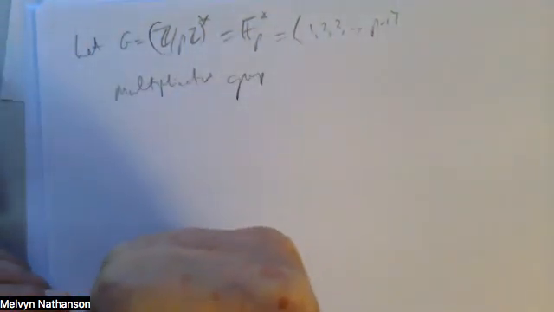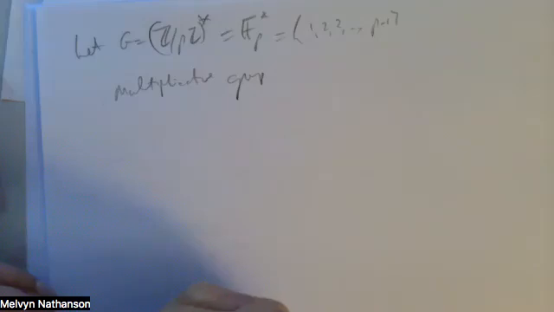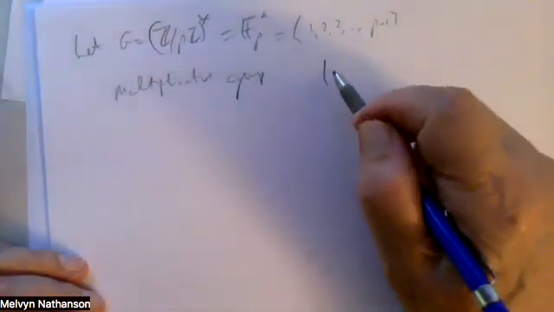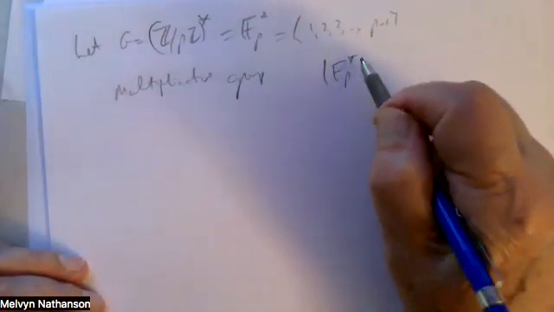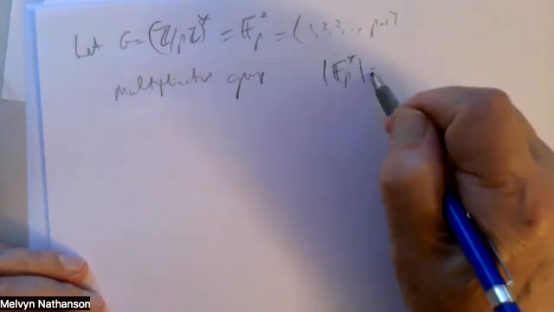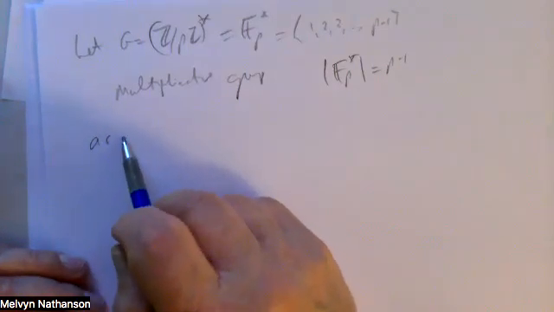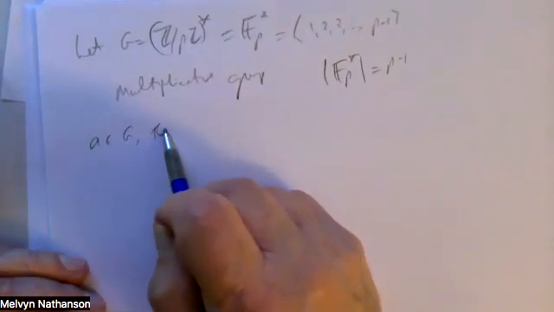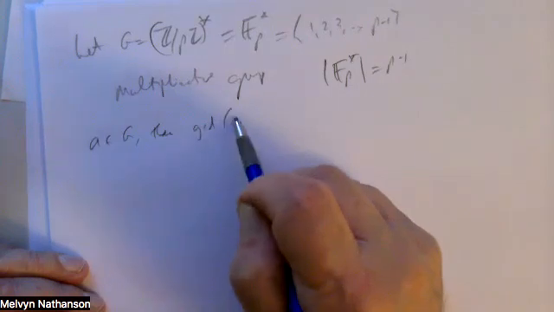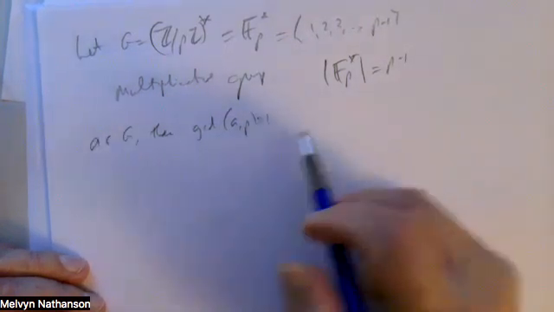And in this group, the order of this group is P minus 1. So if A is in the group, then the greatest common divisor of A and P is 1.